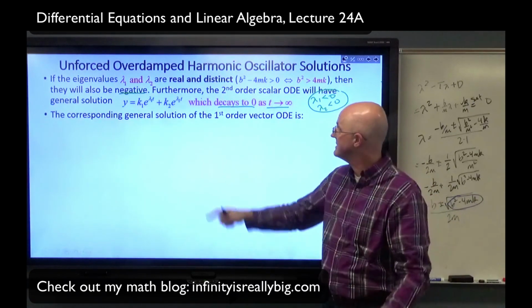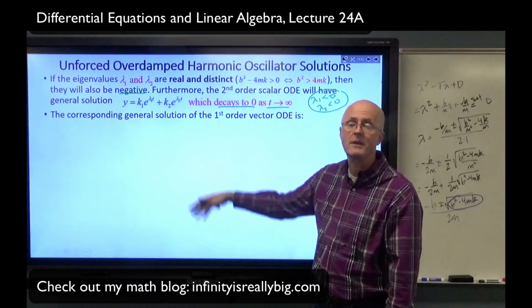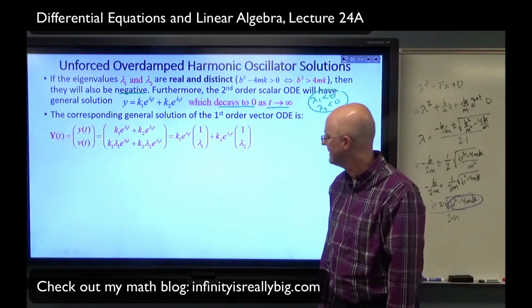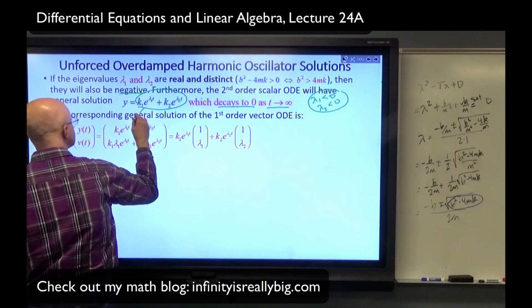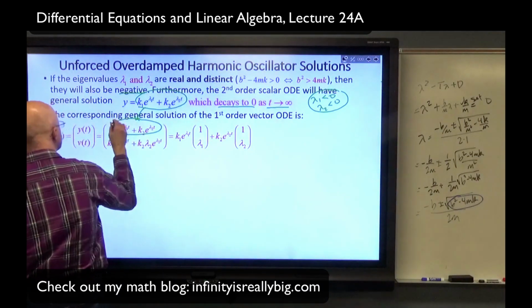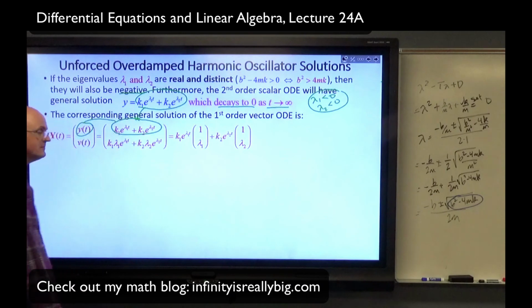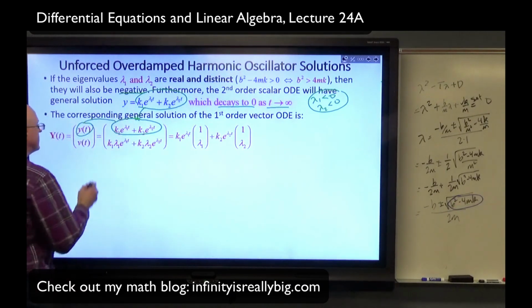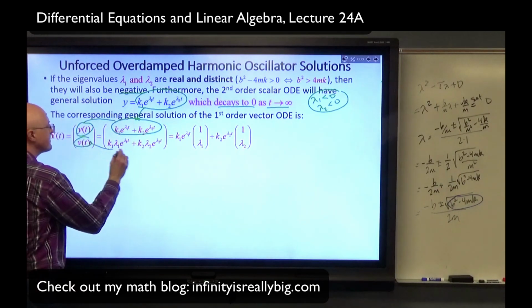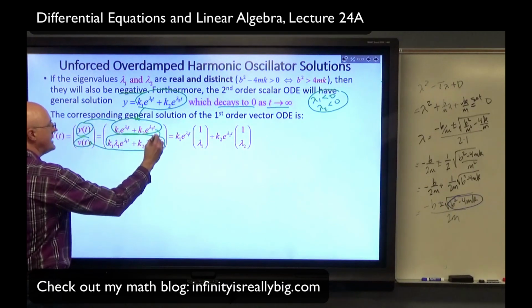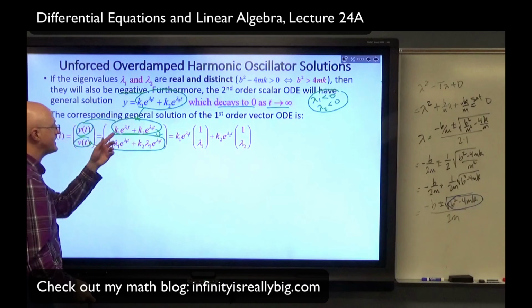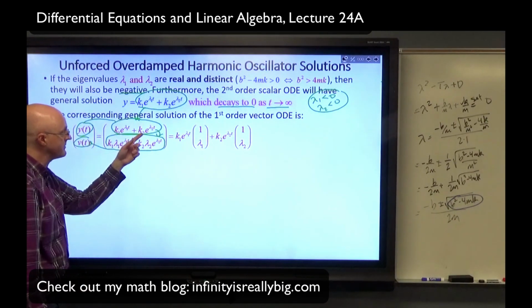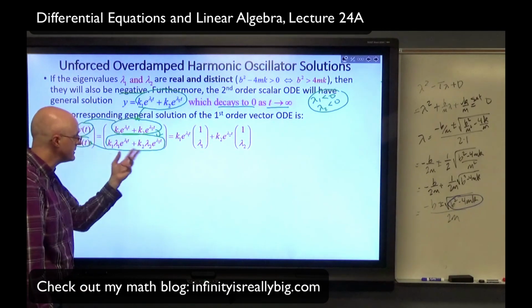So what I did was I just differentiated this, called it v, and put it in a vector, like this. Right here, this matches the first component, which is y. To get the second component, v, all I did was differentiate this with respect to t. You get an extra factor of lambda 1 here and an extra factor of lambda 2 there because of the chain rule, and you see that here.